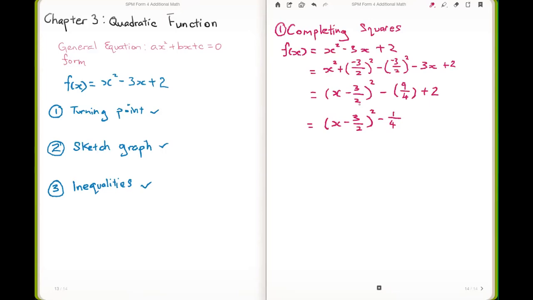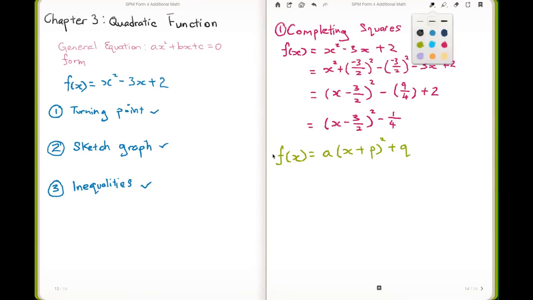Based on here, I will be able to tell the turning point should be a minimum point, whereby if we compare with the general equation for completing square, it should look like this, where f(x) should be equal to a(x plus p) squared plus q. If I manage to arrange it in this form, they call it the general form.